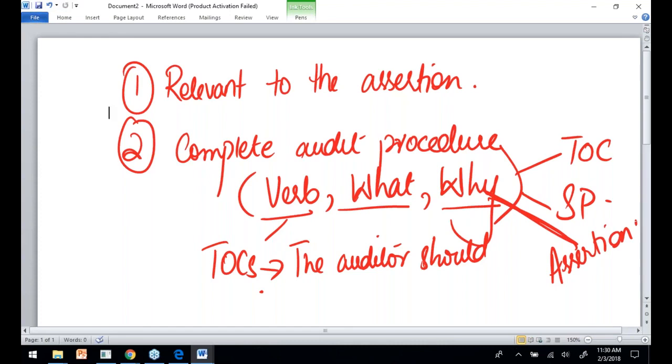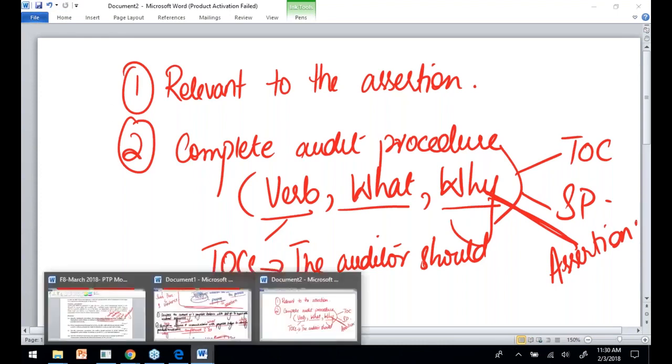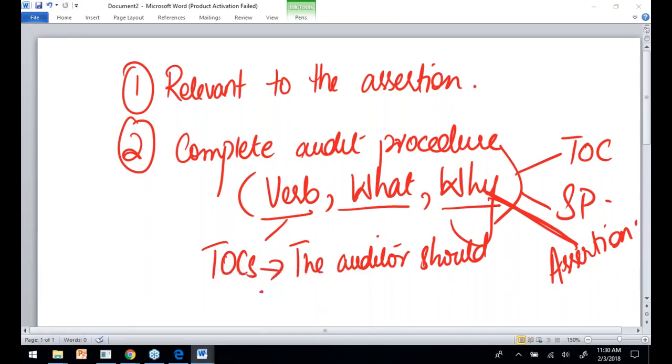Does everyone know how to write audit procedures in the exam? Sarah, you've already covered that.